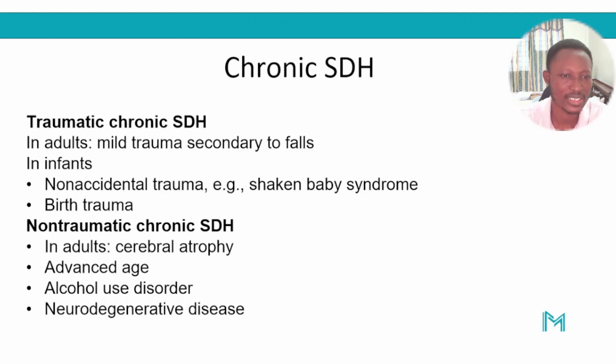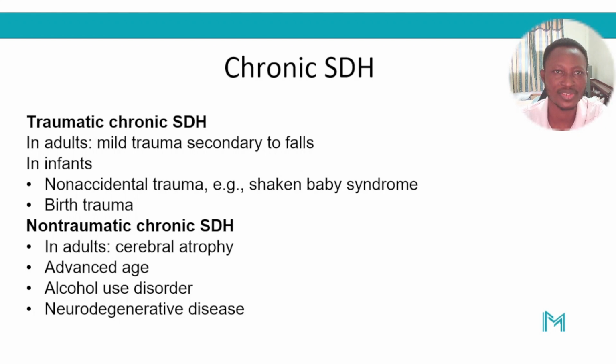Then you have the non-traumatic causes of chronic SDH, also typically occurring in adult and elderly patients. This is a classic type that you find in elderly patients, usually non-traumatic, with no history of trauma, and they bleed. This is because in the elderly patient you have brain atrophy, and the brain atrophy causes the brain volume to reduce. Once the brain volume reduces, it increases the subdural space.